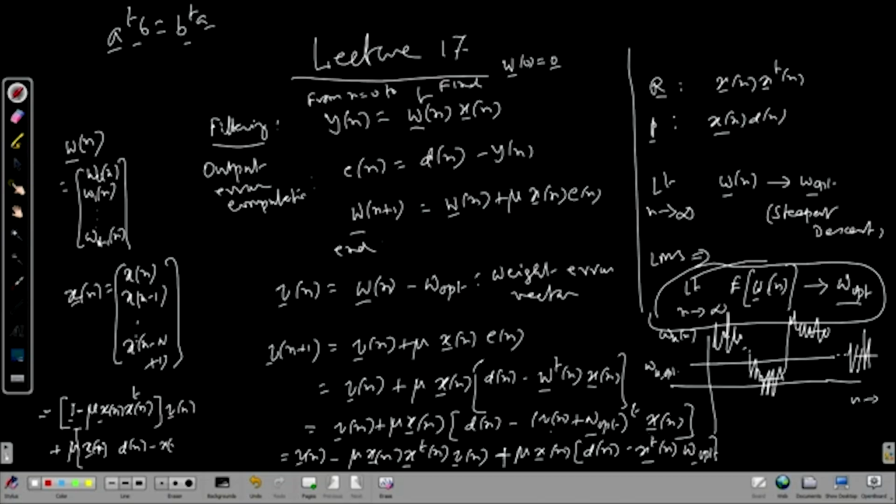So, x n is x n x transpose n W opt. This is what I have, and we all know W opt is R inverse P, right? W opt is R inverse P.